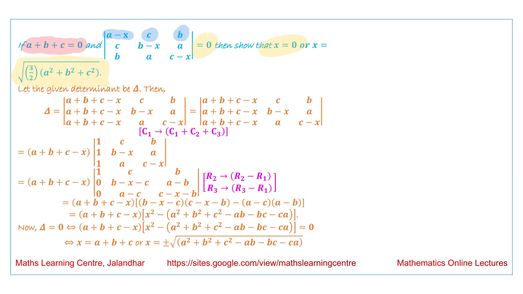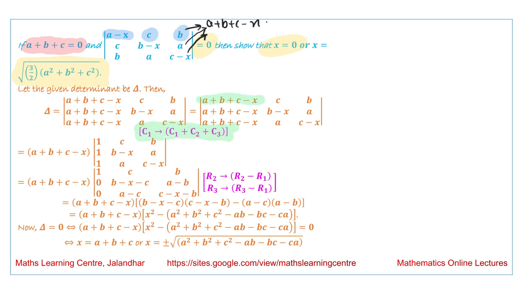If we add all these terms, we add the first row, we will get a plus b plus c minus x. If we add the elements of the second row, we will get the same answer. If we add the elements of the third row, we will get the same answer. So we are going to perform the first operation, column 1 approaches column 1 plus column 2 plus column 3.